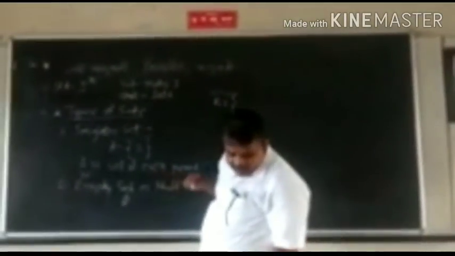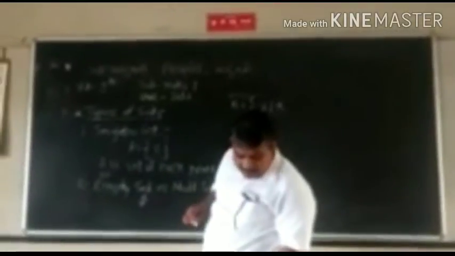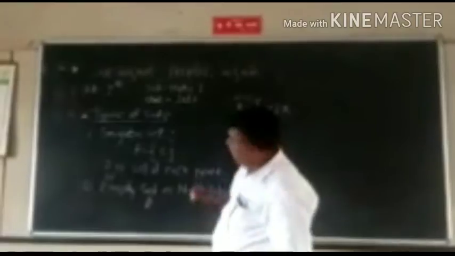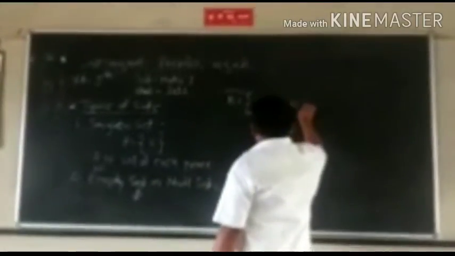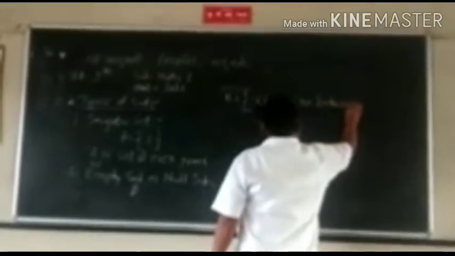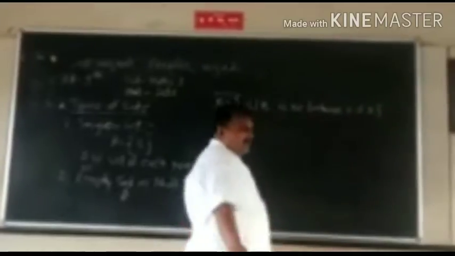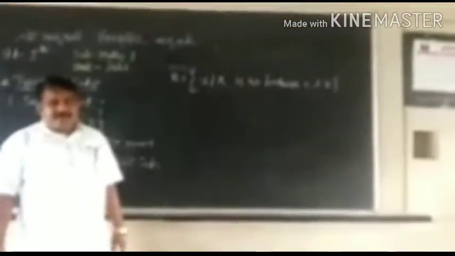An example of this empty set is, if we write the set as B equal to {x : x is a number between 2 and 3}.